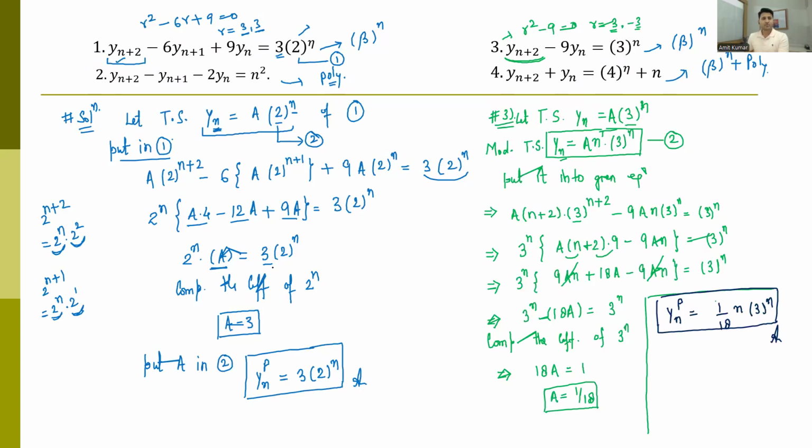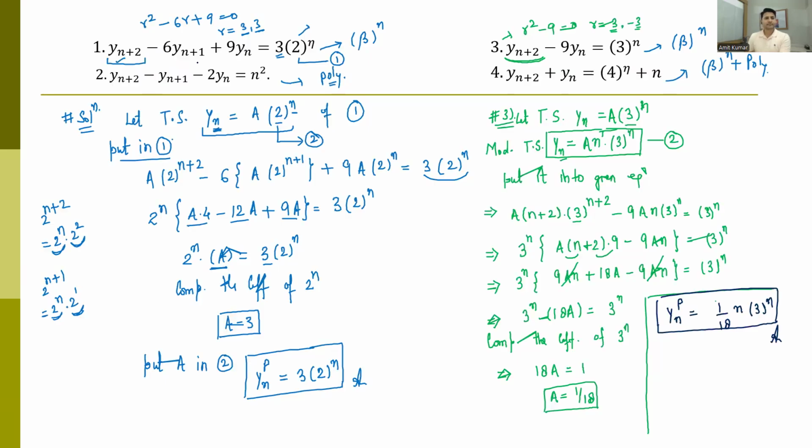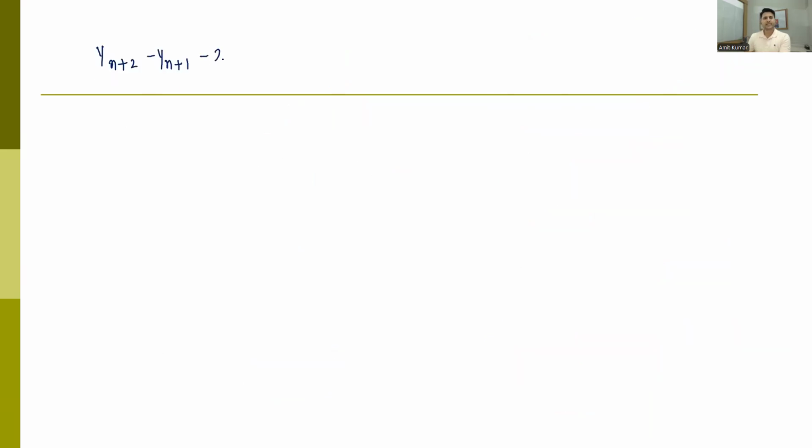So example number 3 is given as y(n+2) minus y(n+1) minus 2y(n) equals n square.